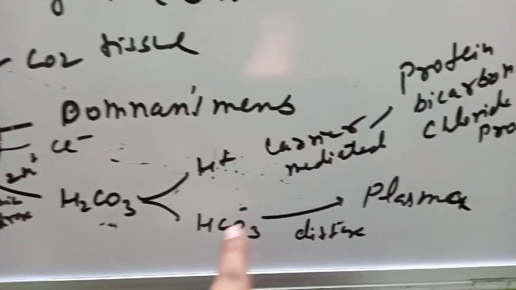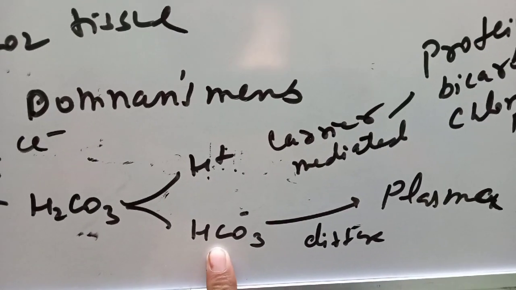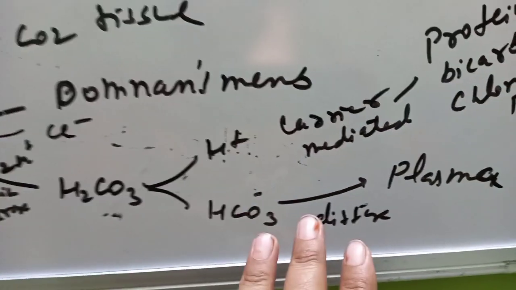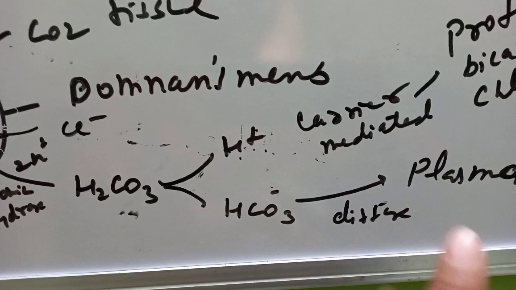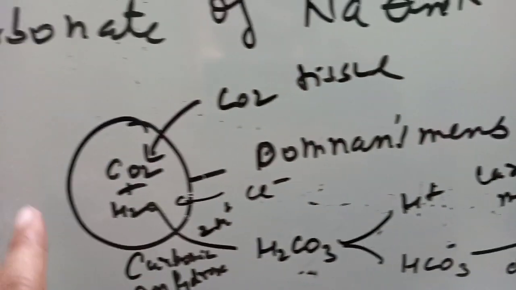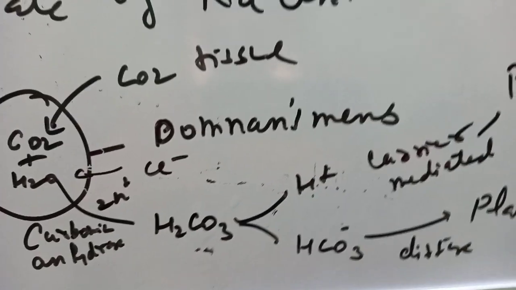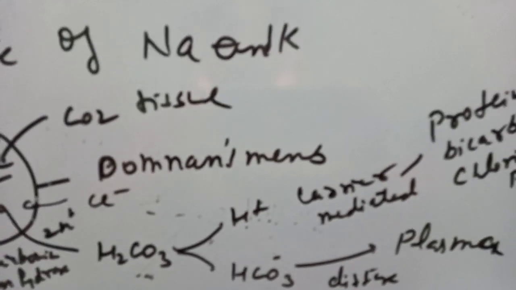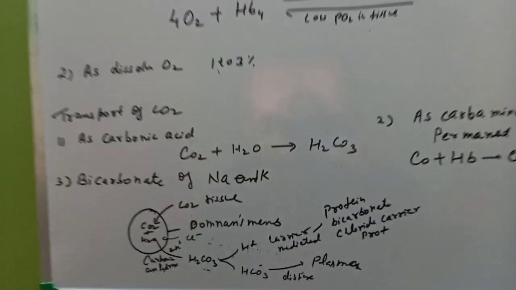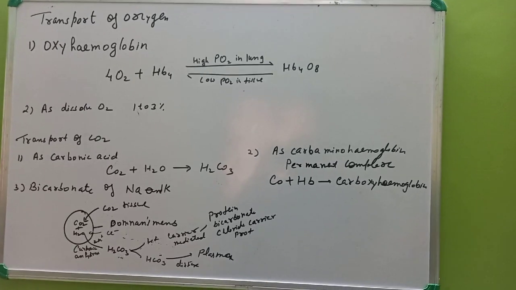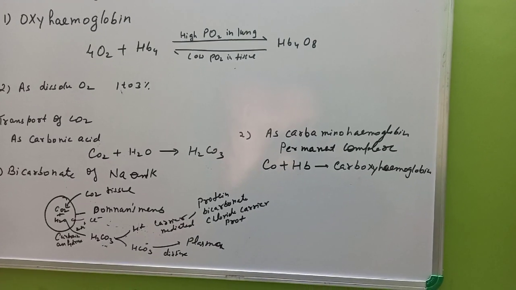When this HCO3- diffuses into plasma, the maximum of negative ions is coming out, so this may cause an imbalance. So the same number of chloride ions will enter into the blood cell, and the process is known as chloride shift. In this way the transport of oxygen and carbon dioxide occurs in our body.